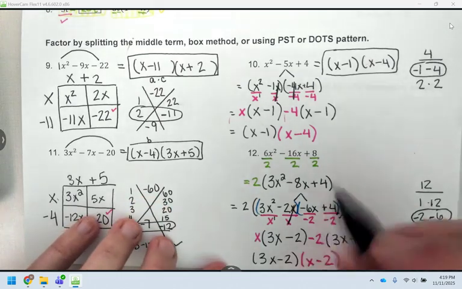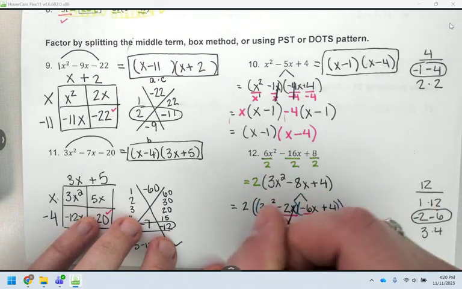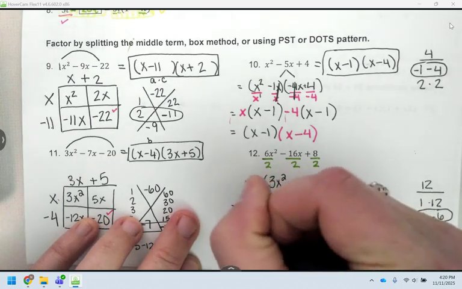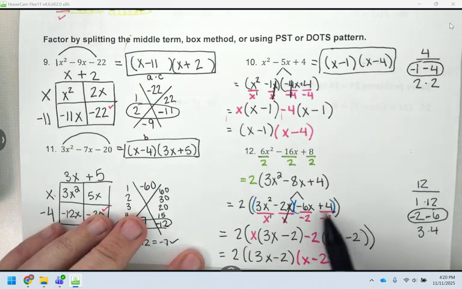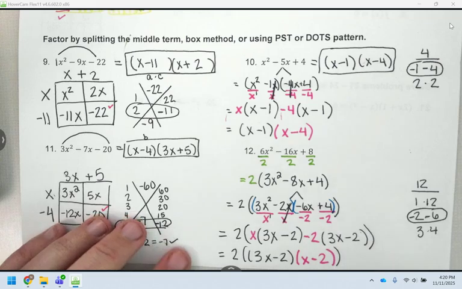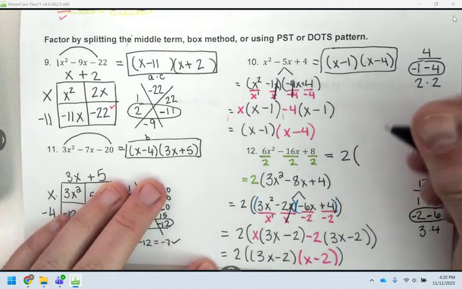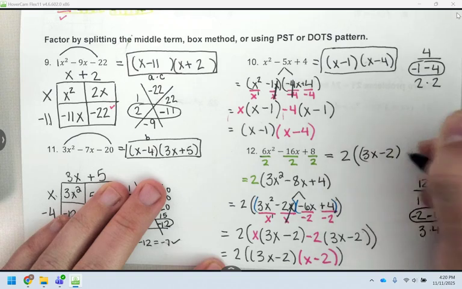But we can't forget that we factored out a 2 in the beginning. So this needs to stay the same. All of these are the same parabola. They're just written in different forms. So factored out, this becomes 2 times 3x minus 2 times x minus 2.